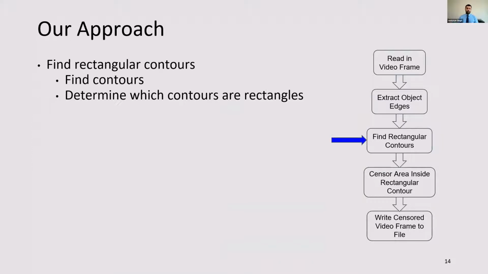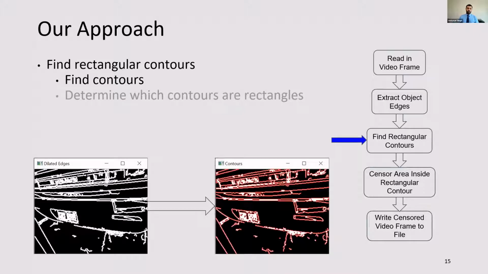So the next step is to go and find the rectangular contours. This is just two sub steps. The first step is just to find the contours, and these two images at the bottom display what the contours that were found look like.